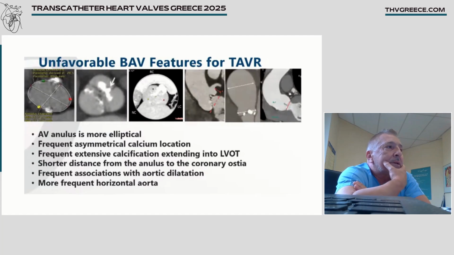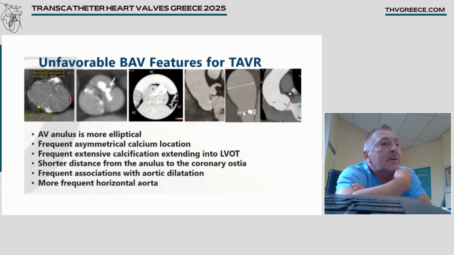So this patient does not meet the criteria of unfavorable bicuspid anatomy for TAVI because, for example, he doesn't have an elliptical annulus. The calcium distribution is symmetrical. On the other hand, he doesn't have any calcification at the level of the LVOT.